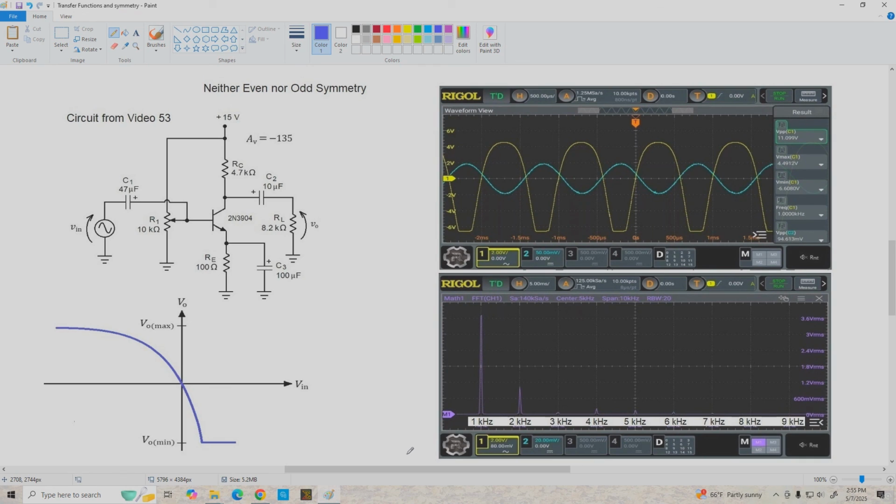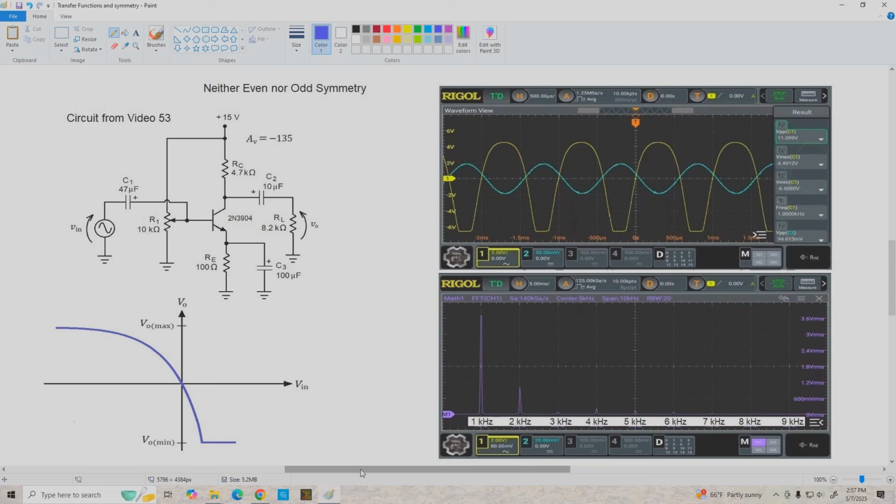This behavior is pretty typical of what we'd expect for any Class A amplifier, whether it was a BJT, a field effect transistor, or a vacuum tube. And this is one of the reasons why amplifiers sound so different when they're driven into distortion via their input preamp stages, which are typically Class A, versus distortion when the output push-pull stage is overdriven, which is typically Class B or Class AB.